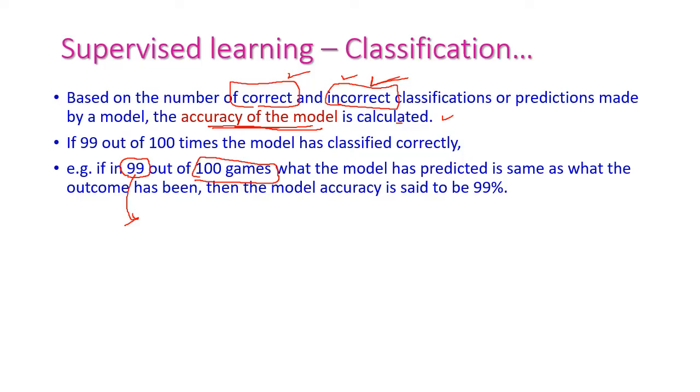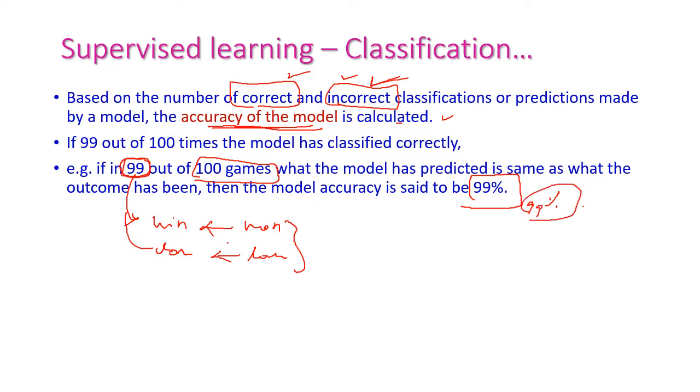That means if we predicted win, then the team also won the game. If we predict lose, the team also lost the game. For example, 99 times we predicted correctly means the accuracy is 99%.